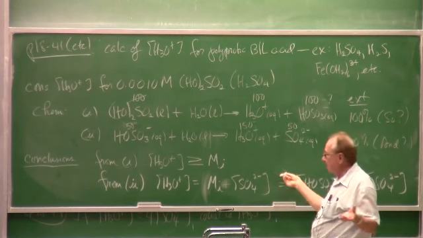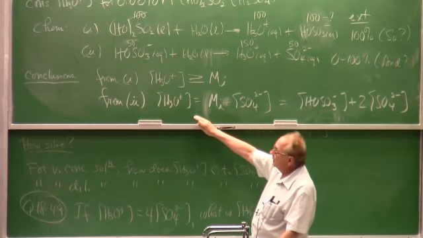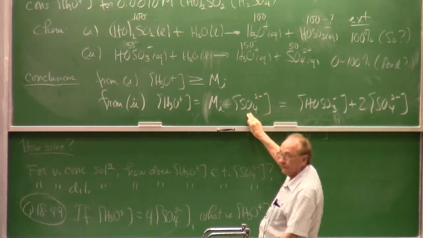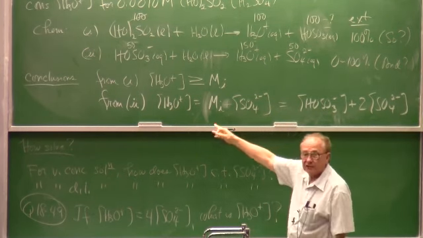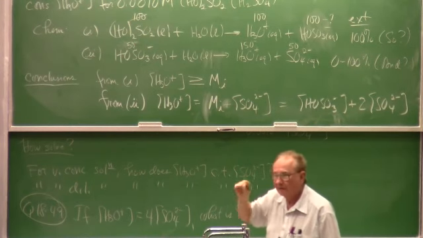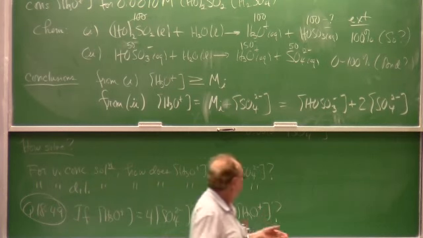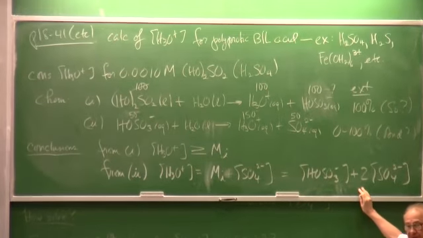That's it. So from 2 we write, chemistry-wise, the hydronium ion molarity is M sub I, that's from the first step, plus sulfate ion, that's from the second step. Done. Now if you recognize that M sub I has got to be the sum of the molarities of hydrogen sulfate ion and sulfate ion, then it follows that this statement equals this statement.